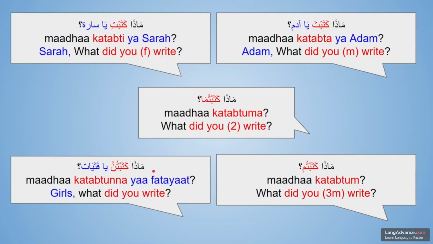And when you're addressing a group of females, we can say something like ماذا كتبتن يا فتيات؟ Saying something like, girls, what did you write? Again, we see the usage of يا here, which is the article that we use when you're calling for someone.